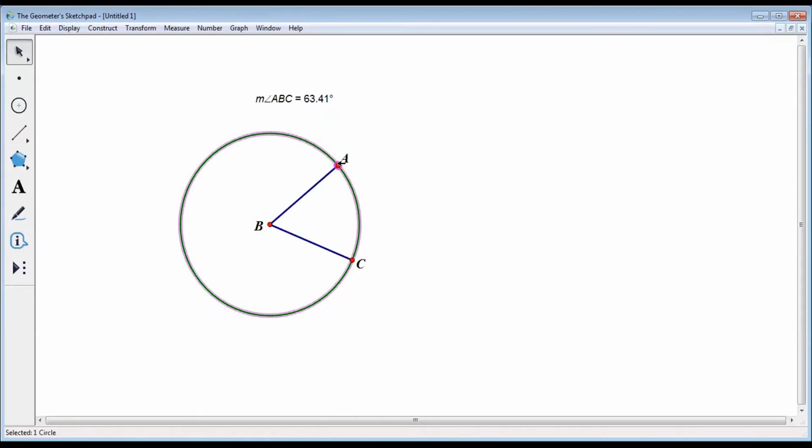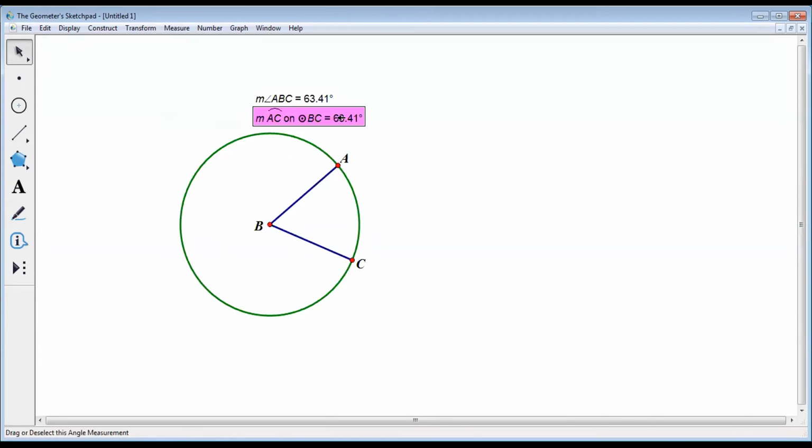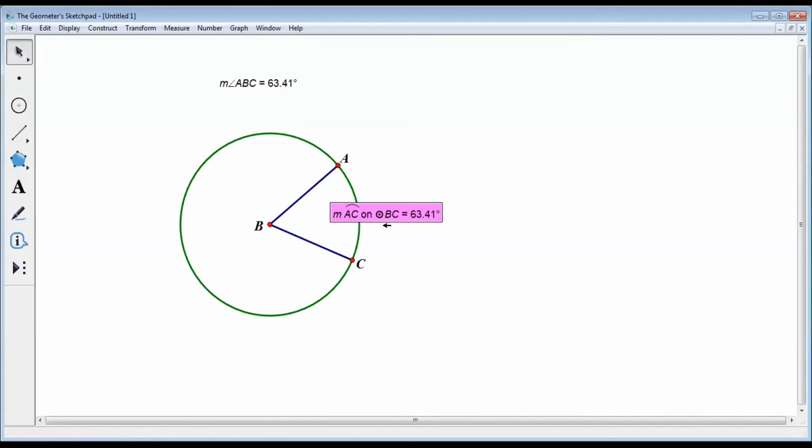Then you're going to click on these 2 points, which form arc AC, and you're going to measure that. So I'm going to be measuring the arc angle. And you'll notice the measure of angle ABC is the same as the measure of this arc. We can say the arc has a measure of 63.41 degrees.